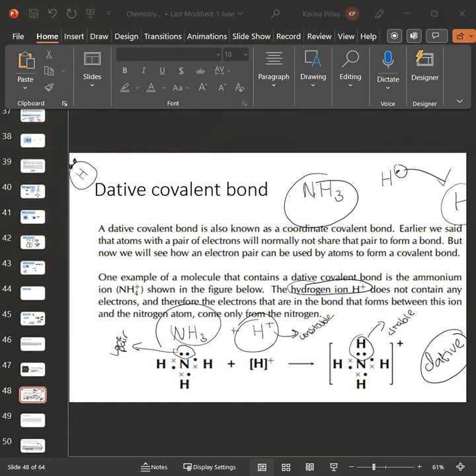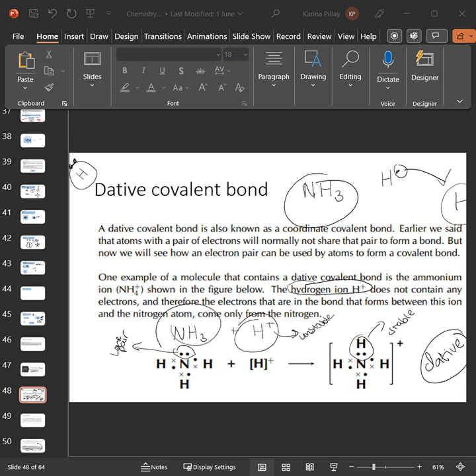Remember, the definition of an ion is basically when an element has a charge on it. In other words, it's given away its electrons so that it has an overall charge. The H+ ion is a popular one. It has a positive charge because it's given away its electrons, so it actually has no electrons.